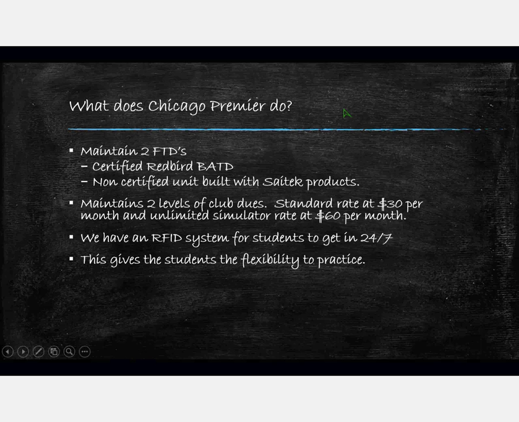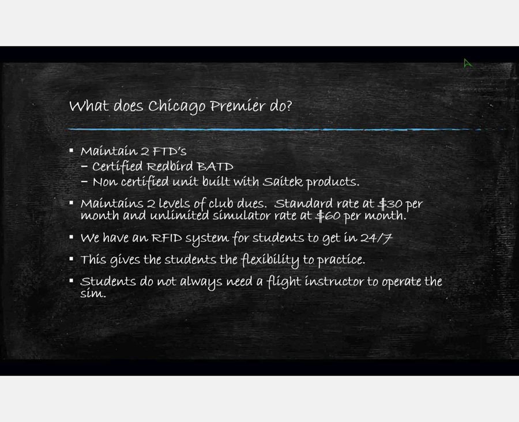So he would come in from 1 in the morning to 3 in the morning, just after the night shift. And he'd come in at like 5 o'clock in the morning and do some flight training. You know, no instructor is going to get up at that time, but it was his time to sit on the simulator and do the practice and get the proficiency. So it gives the students the flexibility to practice.